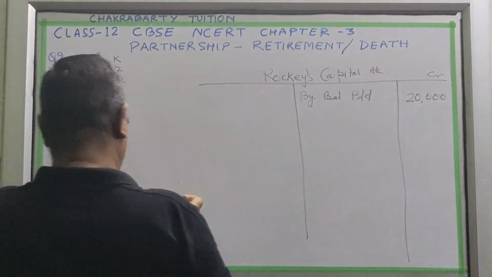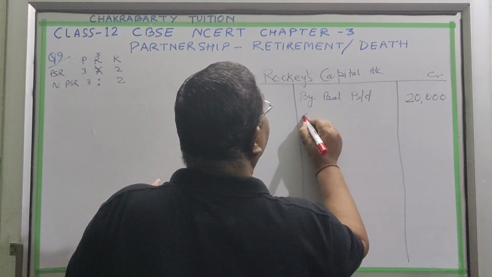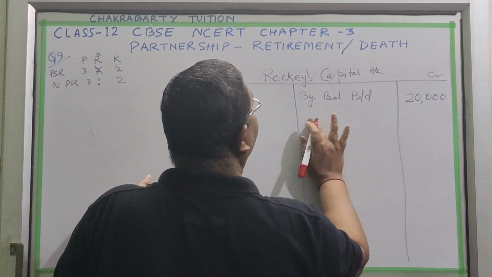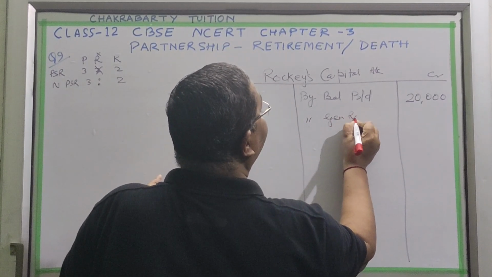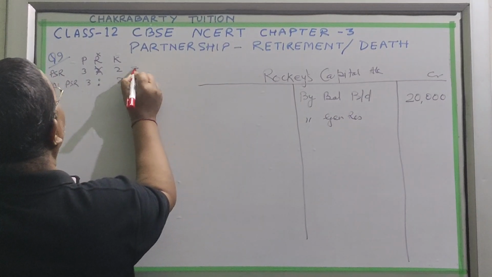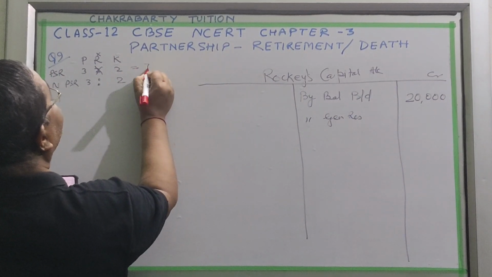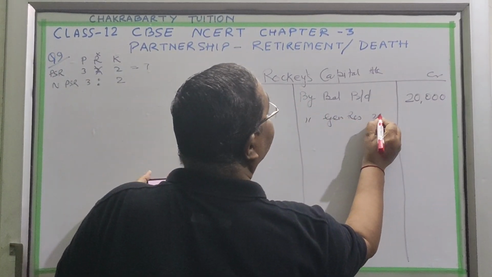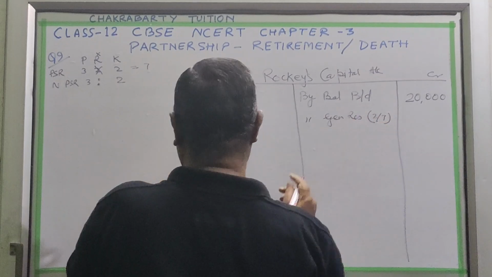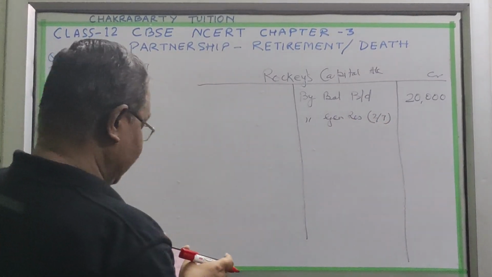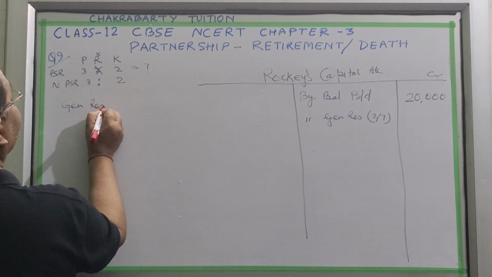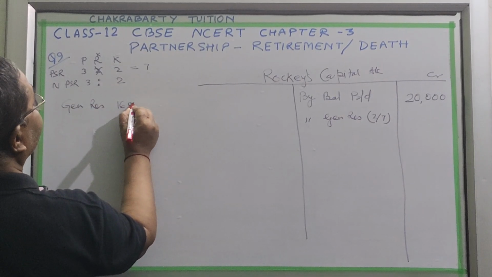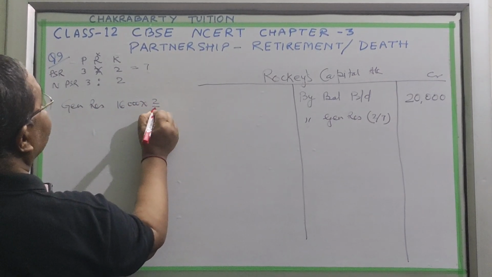Okay. Now next is general reserve. Of course, every entry will have by general reserve, and he will get how much here? 3:2:2 means he will get 2/7 of the general reserve. Here general reserve is 16,000, so 16,000 into 2/7.